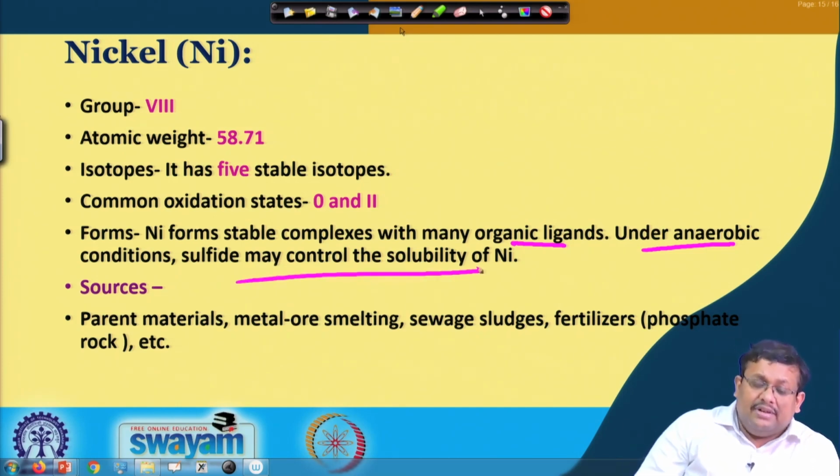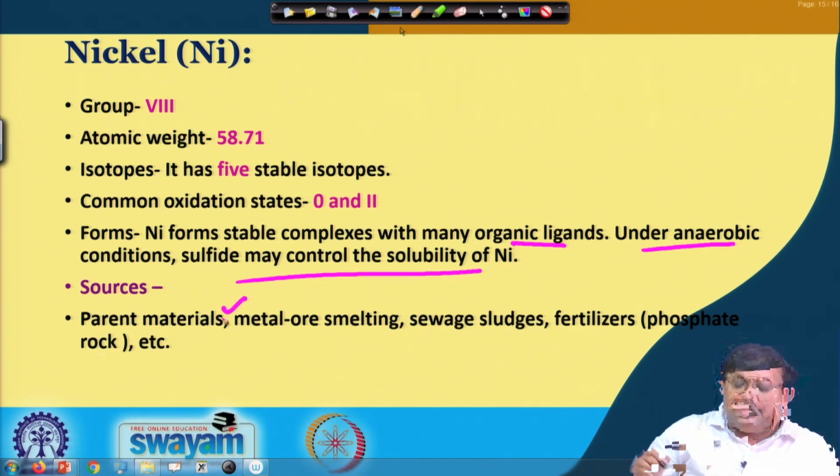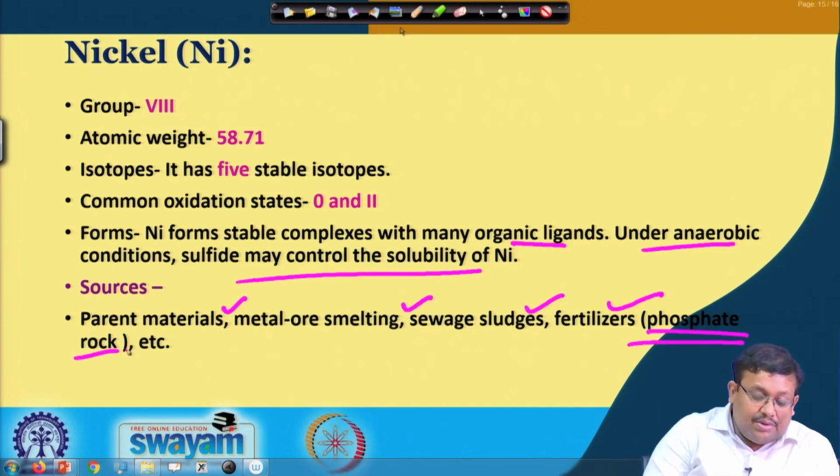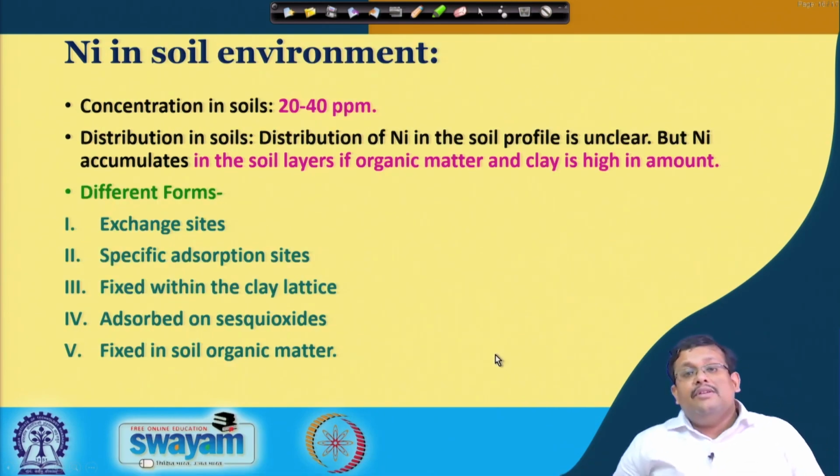So, nickel sulphide is one of the major forms of nickel. Now, sources: just like any other trace element, parent material is one of the major sources, and phosphate rock is also a major source of nickel.